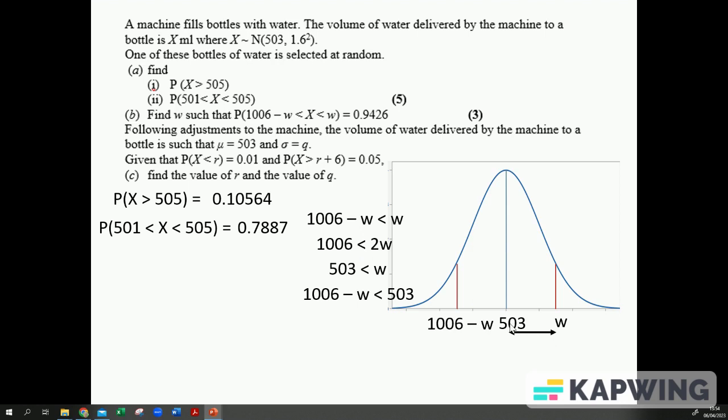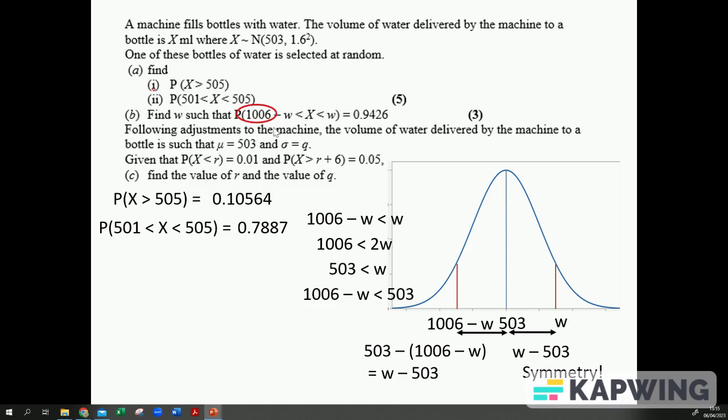Now, if you work out W minus 503, the difference between these two, and then do the same with these two, 503 minus (1006 minus W), you get the same answer. So there's symmetry here. The W is as far above the 503 as the 1006 minus W is below it.